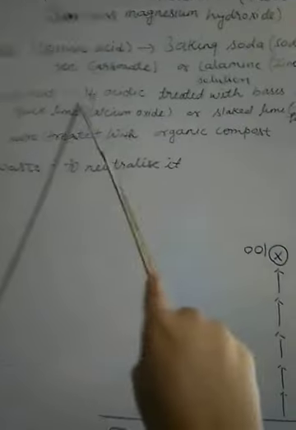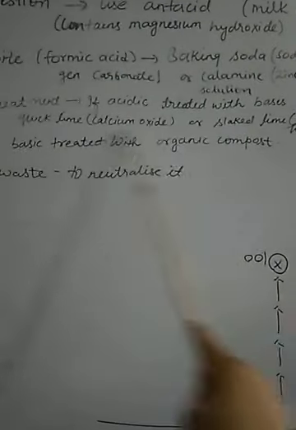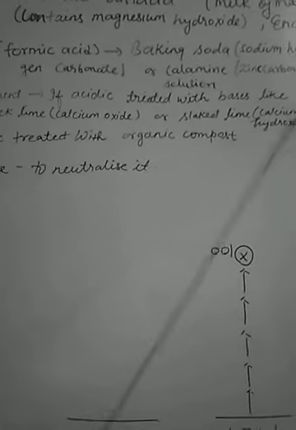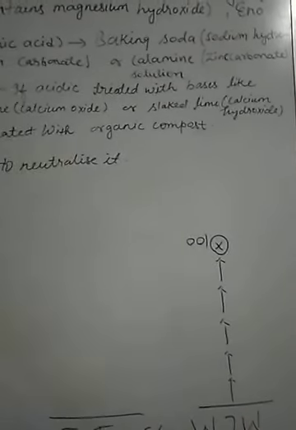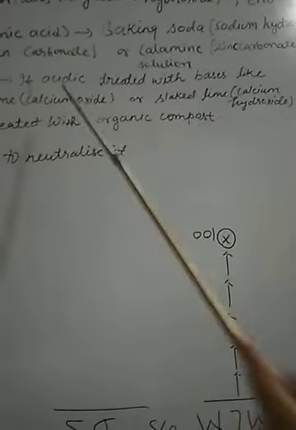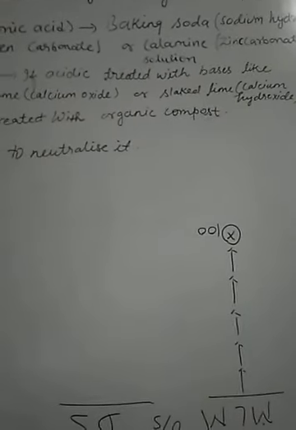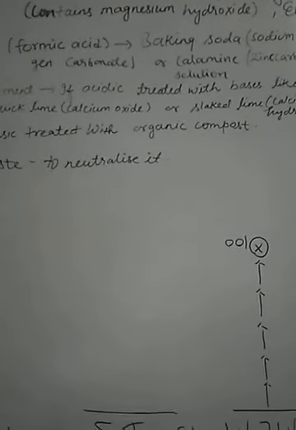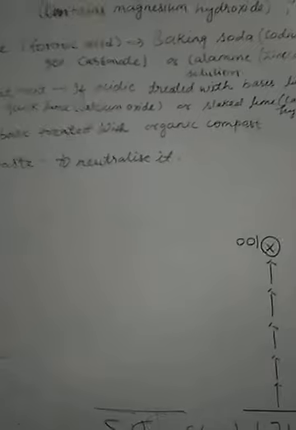These are bases. So when the soil is acidic, we add calcium oxide or calcium hydroxide to the soil so that the effect of the acid becomes neutralized, and hence the soil is good to grow crops.